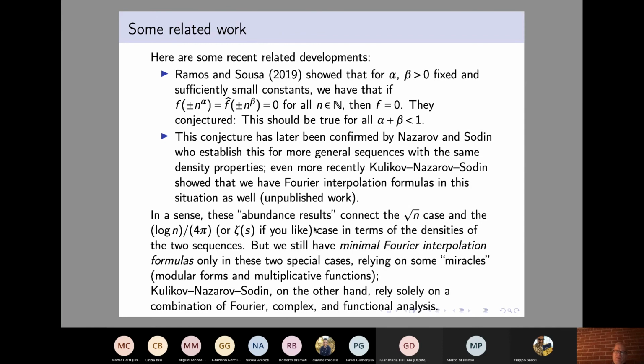But we had in our result minimal Fourier interpolation, right? So these systems were minimal. And this seems to rely on certain miracles, if you like. It really relies on things which I didn't speak about, modular forms and multiplicative functions. So a question you could ask is whether it's possible to obtain this kind of minimality in other situations than square root n and this zeta of s case.